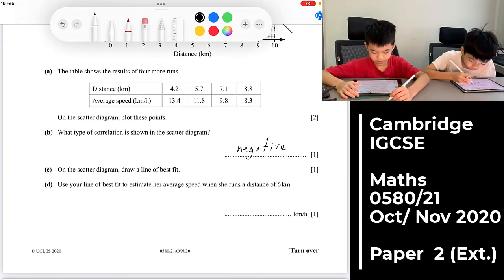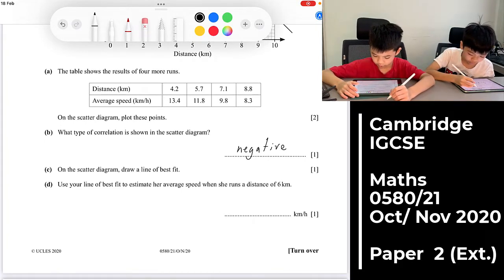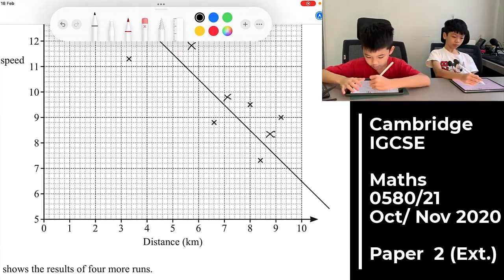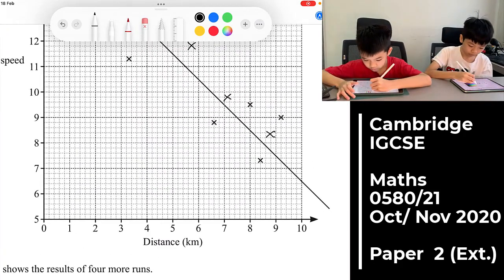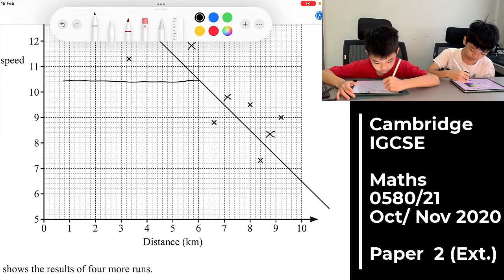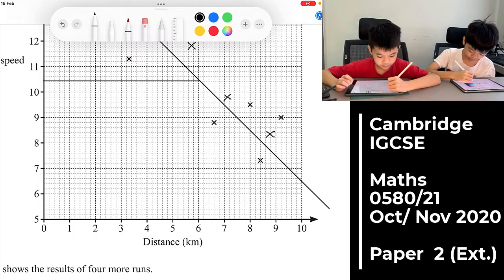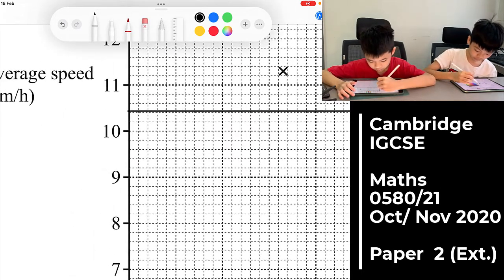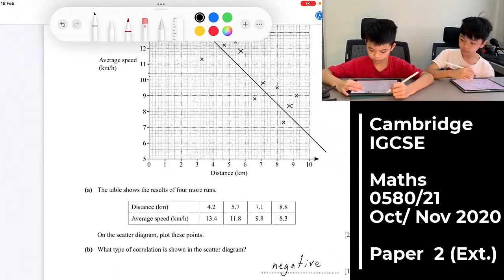D. Use your line of best fit to estimate her average speed when she runs a distance of 6 kilometers. So it's here. You join here. Roughly 14. No, wait, not 14. It's 10.4.